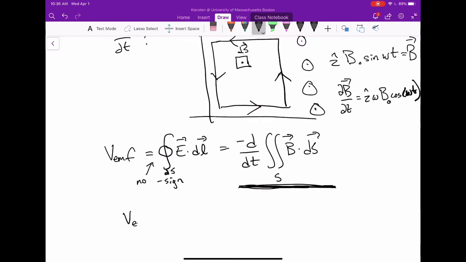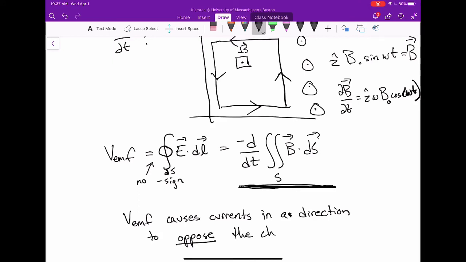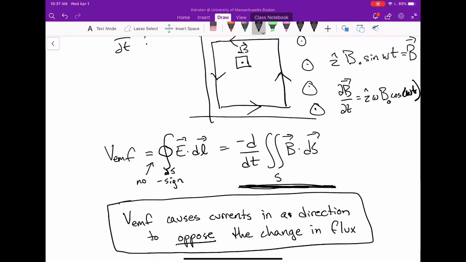So VEMF causes currents in a direction to oppose the change in EMF. Oh, sorry, the change in flux. And this is an important statement whose name is Lenz's law.